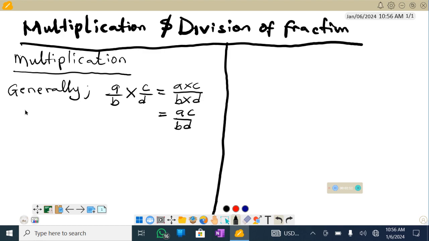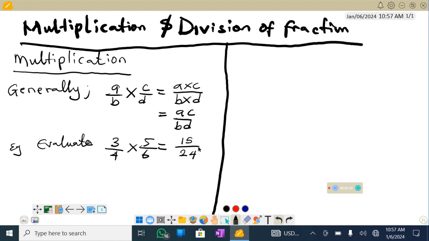So let us use numbers now to take an example. Example, evaluate 3 over 4 times 5 over 6. In a very simple way, you multiply the numerators, that will give you 15, over, you multiply the denominators, 4 times 6, that will give you 24.